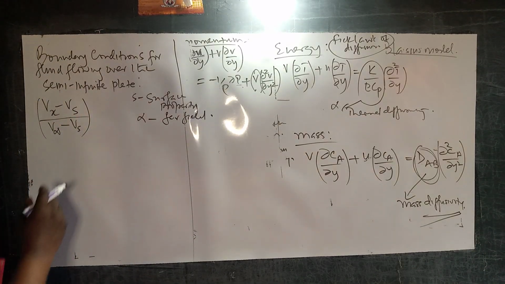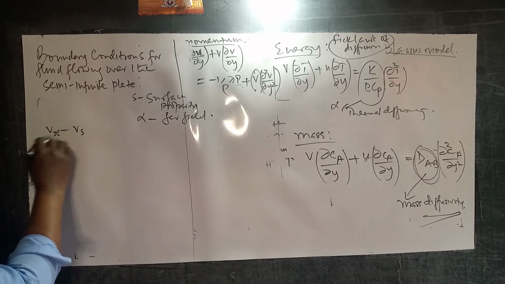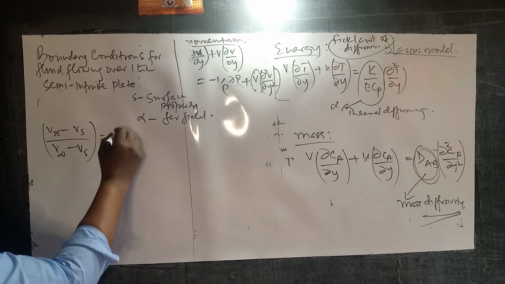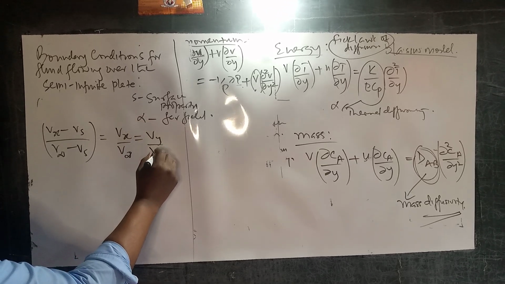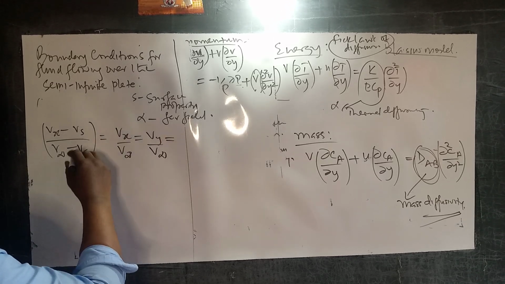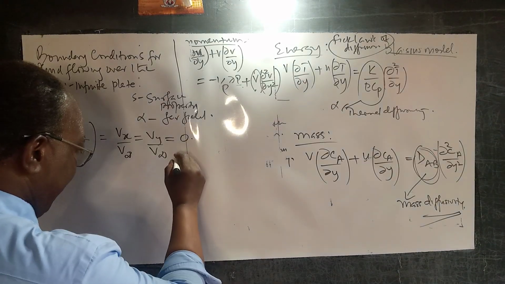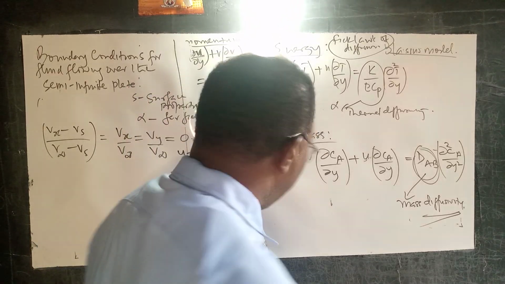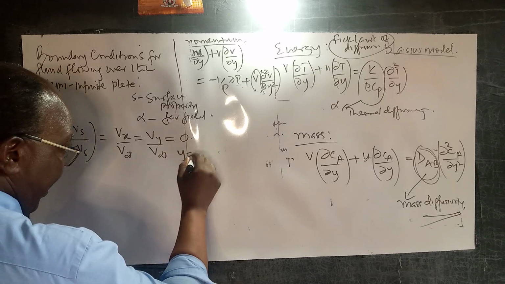So, using that, let me just lower it a bit. So we say Vx minus Vs over V infinity minus Vs, that will be Vx over V infinity, which will be Vy over V infinity, and that will be equal to 0 when y is 0.